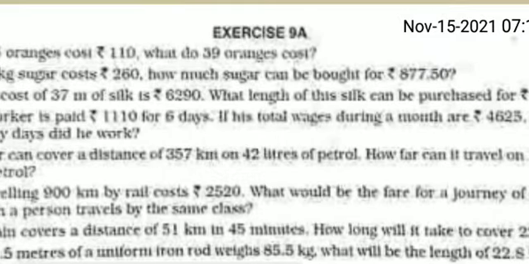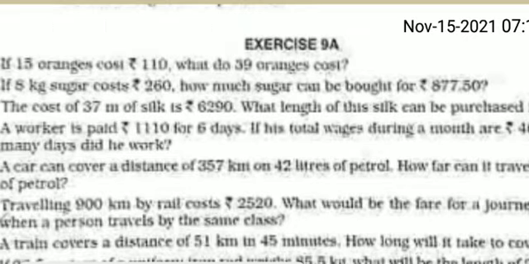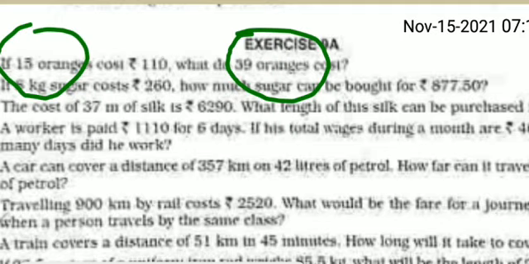Number 1, if 15 oranges cost rupees 110, then what do 39 oranges cost? So very simple. For that case, I am now going to show. Look at first of all, before I go, I will show. Look here at the articles, 15 oranges and 39 oranges. That means both are the same type of unit.